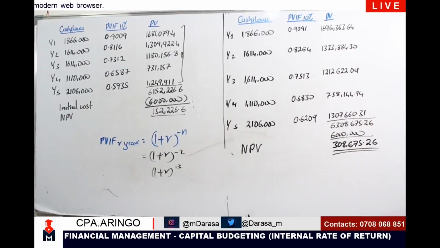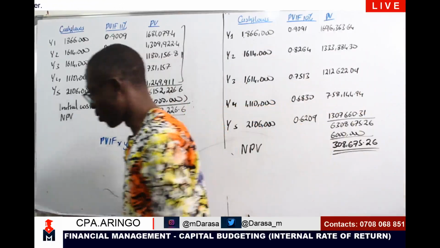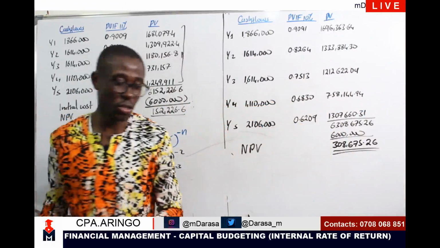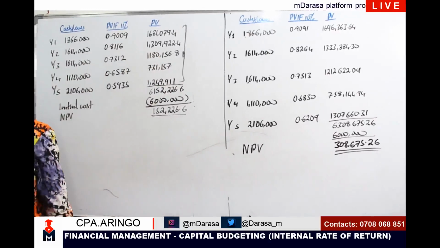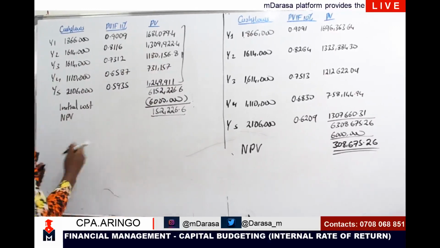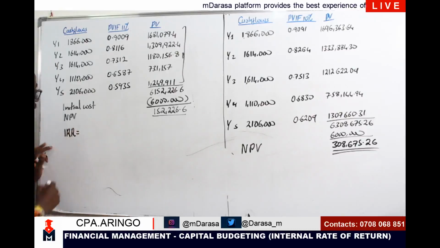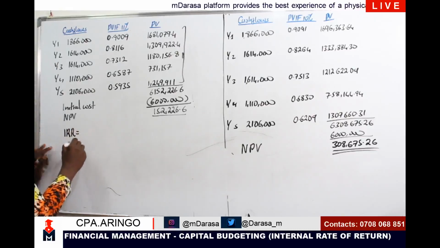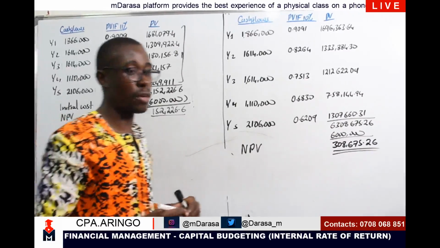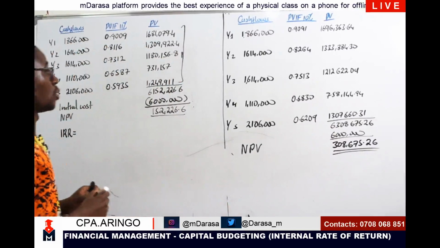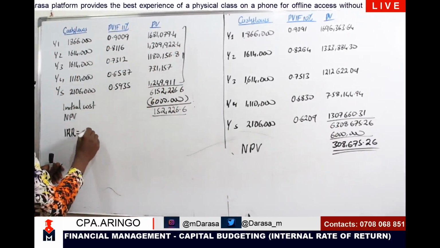Now, the moment we have determined that, I know you can recall when we introduced the aspect of IRR. So our main agenda here is to determine our IRR. For IRR, recall, I should be having the lower discount rate, which is 10%.